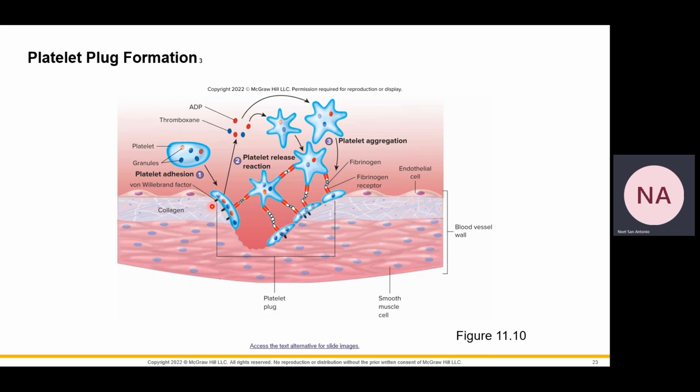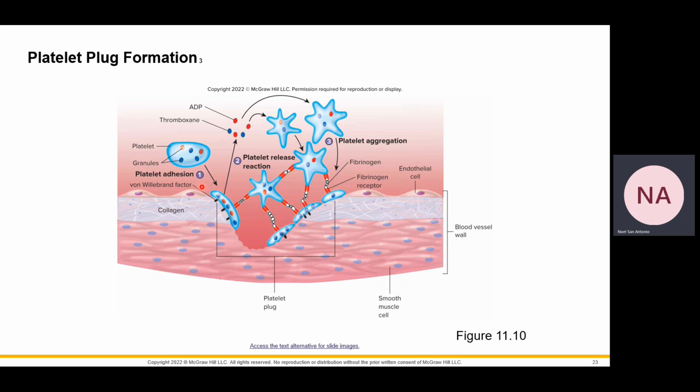Kapag dumikit ang platelets doon, nag-adhere on the surface of a damaged blood vessel wall, it will undergo a series of cascading events.